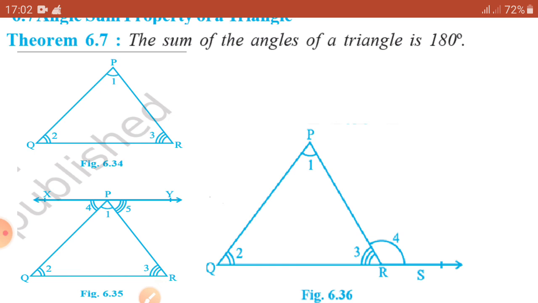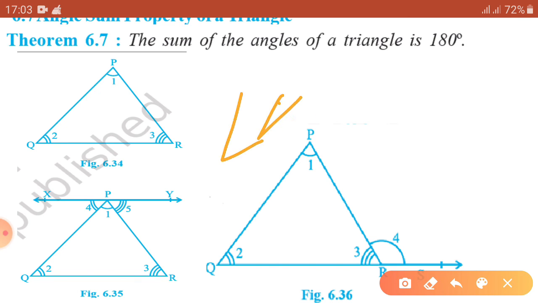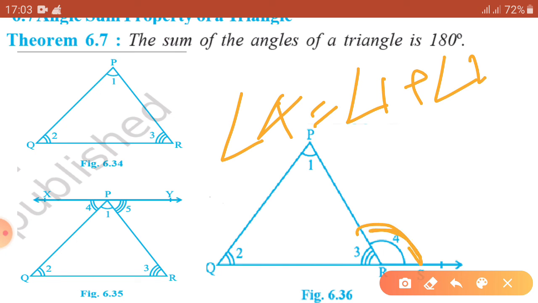So from these two we can say that angle 4, that is exterior angle, is equal to angle 1 plus angle 2. So that means the exterior angle of a triangle is equal to the sum of the opposite interior angles. Okay, got it? So here you can say that angle 4 equal to angle 1 plus angle 2. So you can say that this angle is equal to the sum of this angle and this angle.